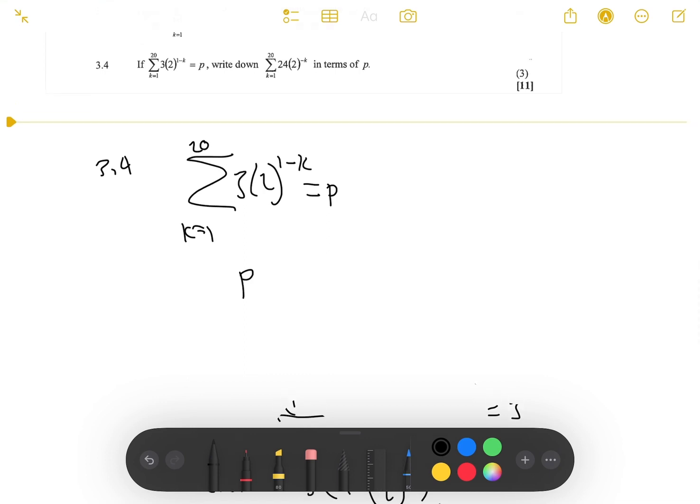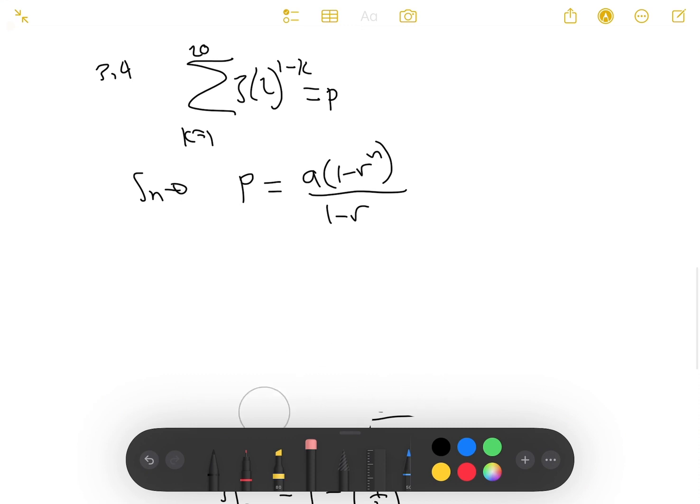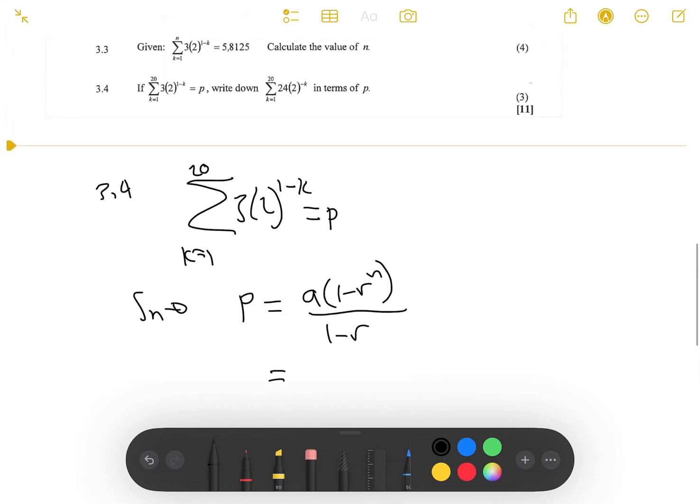Okay, let me first start by writing P. We know that P is basically Sn, right? Sn is P in this case, of which you can say A times 1 minus r to the exponent n over 1 minus r. From that you then get your first term.